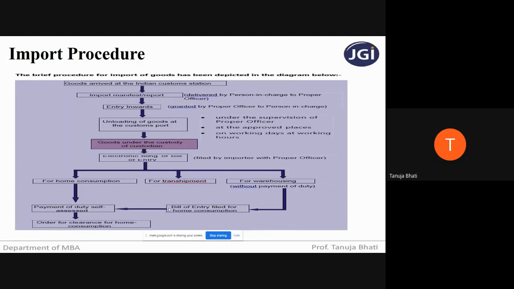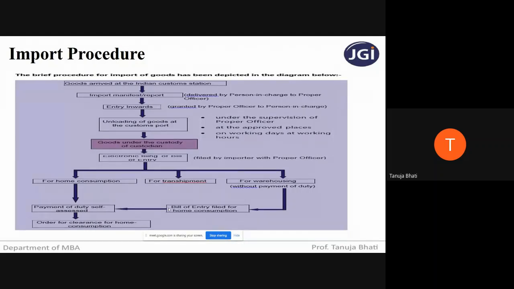The original copy is for the custom authorities, because they will need a copy to assess the tax and collect the duty. The duplicate is to be given to the custodian of the cargo, meaning the person who is in charge of the goods. The triplicate copy is to be given to the importer.